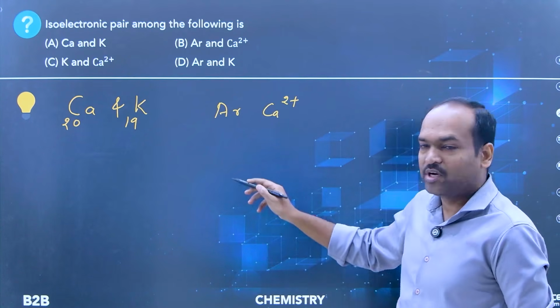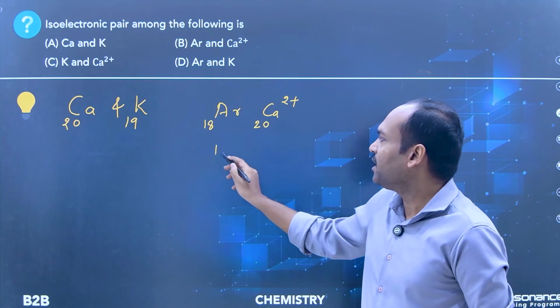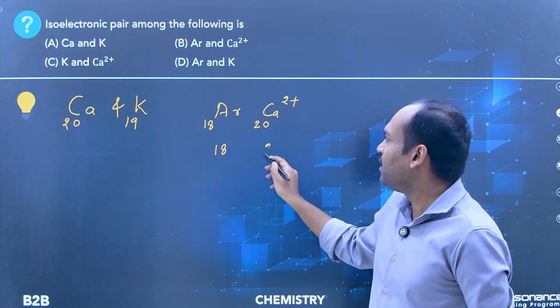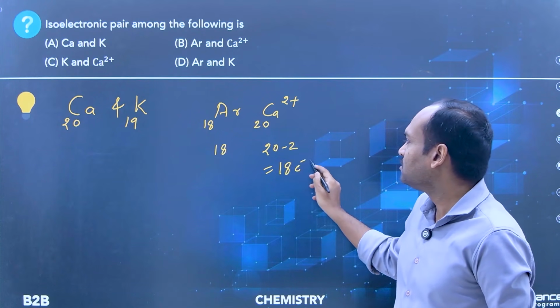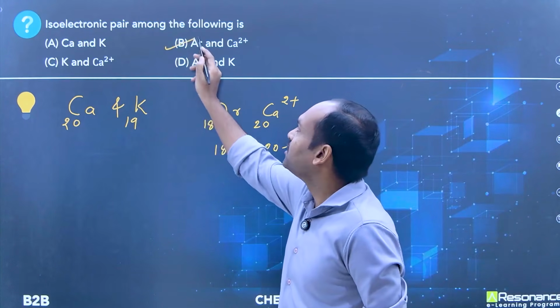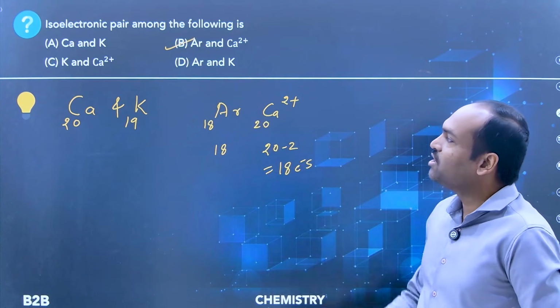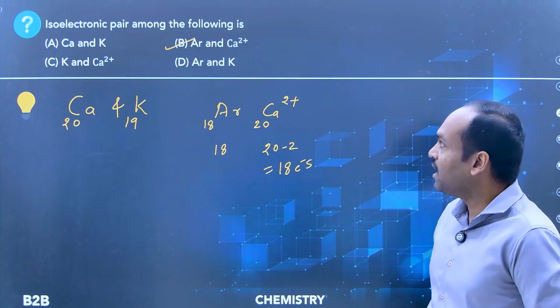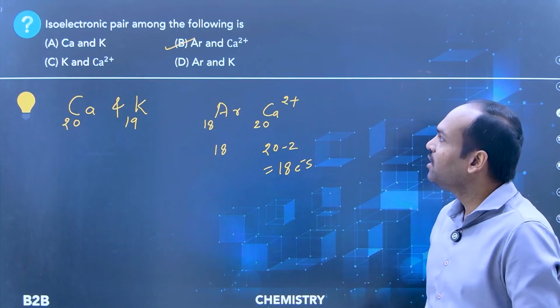What is the atomic number of argon? 18, calcium 20. So here 18 electrons are present, and calcium 2 plus, 20 minus 2, also has 18 electrons. So we'll go for B option, isoelectronic. Potassium and calcium 2 plus, 19 and 18, not. Argon and potassium, 18 and 19. So our correct answer is B. Okay, next.